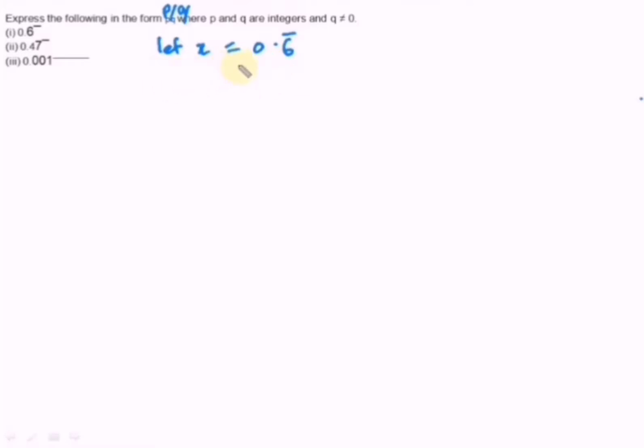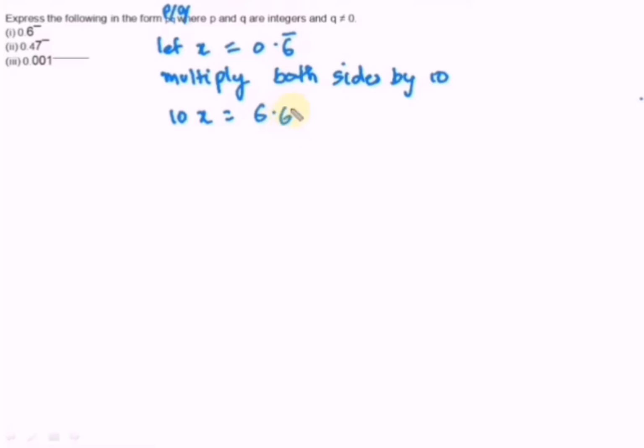So multiply both the sides by 10. So 0.6 and there's a bar on 6. So that means 10x is 6.6 because 0.6 means 0.666 and so on. So the point will shift and it becomes 6.6. So this is equation 1 and this is equation 2.